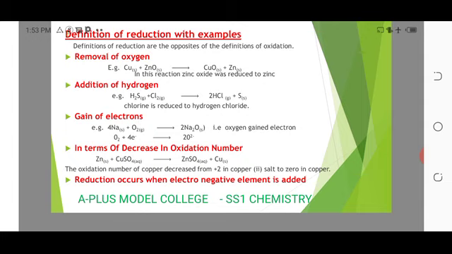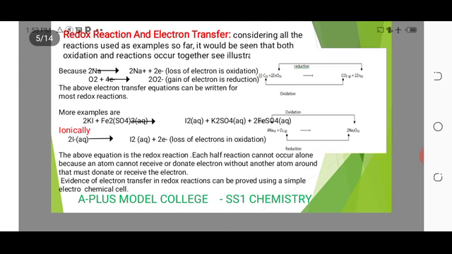The group 7 elements, which are called halogens, are the most electronegative elements. Whenever any of them is being added to any substance, the substance must have reduced. So we can also define reduction as the addition of an electronegative element to a substance.